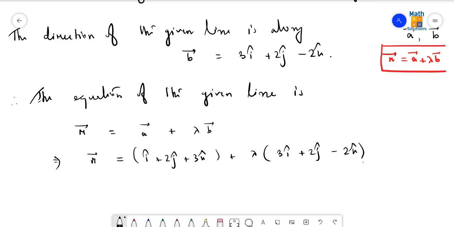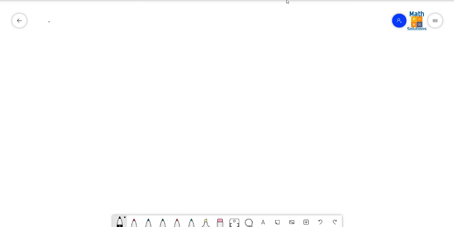So this is the required result here in vector notation. Here is question number 5.